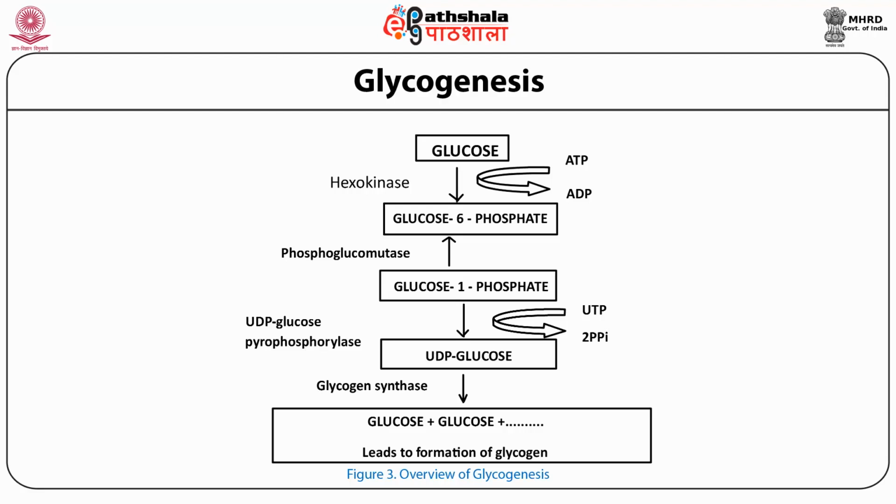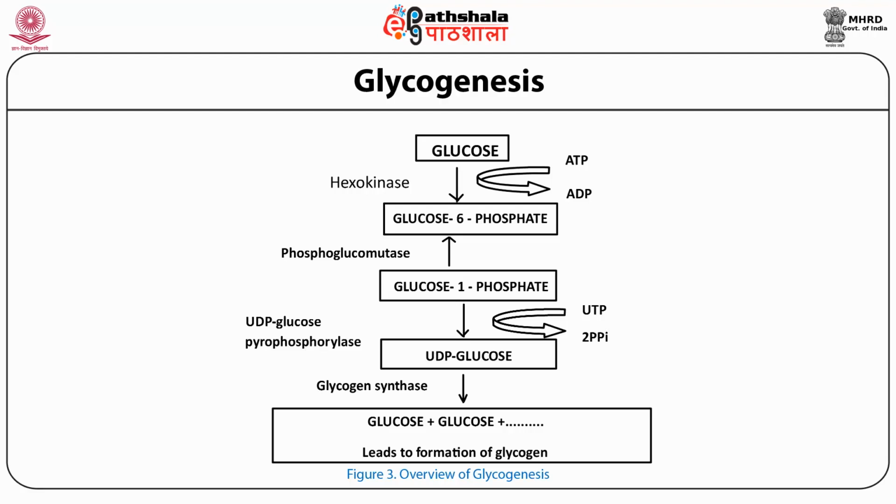The glucose in the form of glucose 6-phosphate is synthesized directly from glucose or as the end product of gluconeogenesis. The enzymes hexokinase, phosphoglucomutase, UDP glucose pyrophosphorylase, and glycogen synthase play an important role in the process of glycogen synthesis.